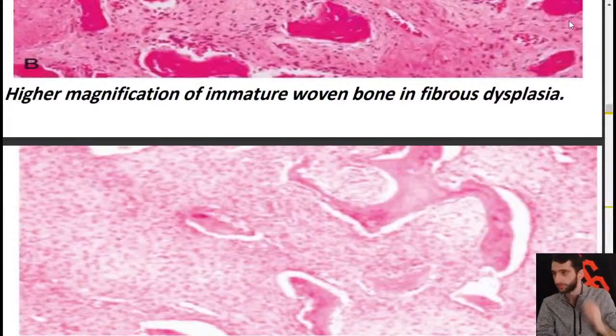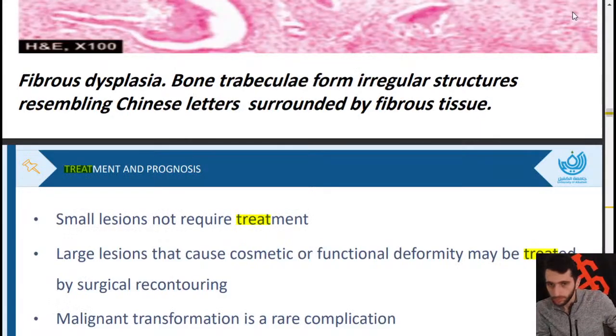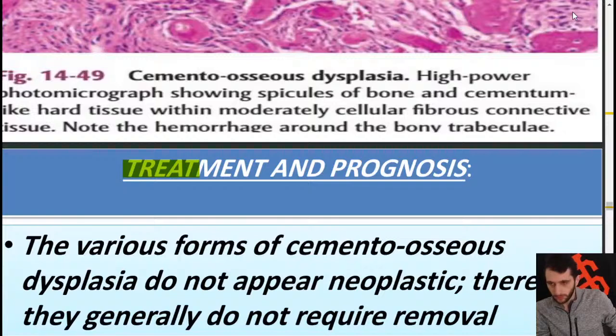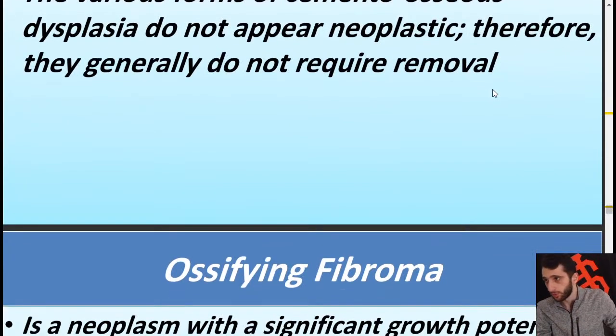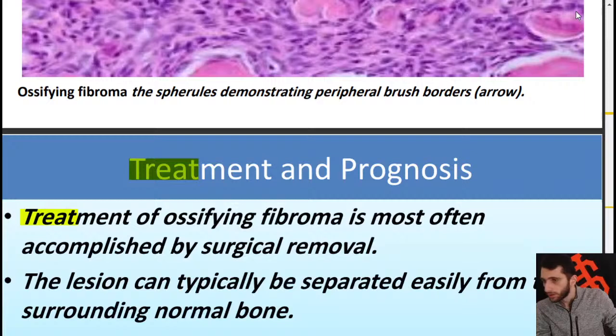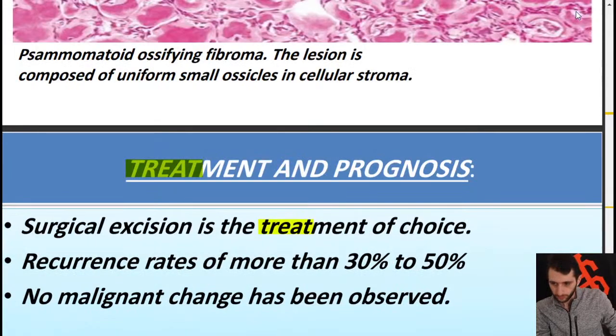Part of Albright syndrome. Okay. Cementosis dysplasia does not require treatment. There's treatment for ossifying fibroma, surgical removal most of the time. Recurrence is rare, but juvenile has a high recurrence rate. Albright syndrome could be removed.